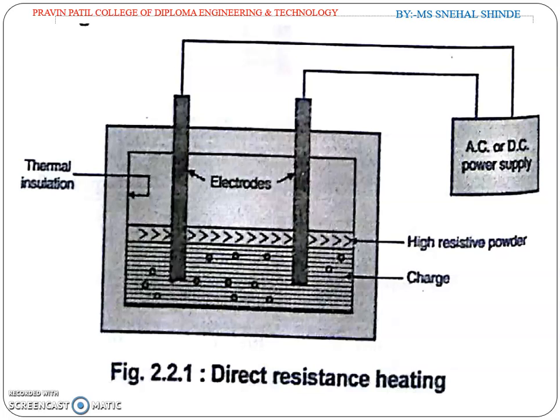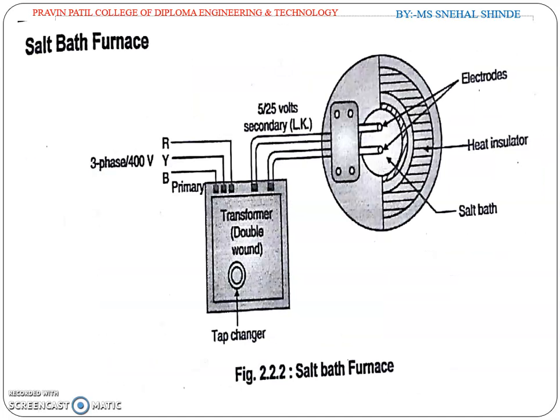The current from the power supply is passed to the charge through the electrodes, thus the charge is heated up. This method is used in the salt bath furnace and the electrode boiler for heating water.